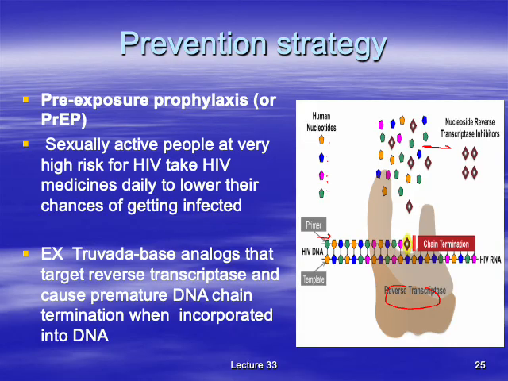It mixes in, the reverse transcriptase can't tell it apart, incorporates Truvada, these base analogs, in, and that's a dead end. It doesn't have a free end, and it stops extension of the new DNA by reverse transcriptase. And that can halt a person from getting infected and diseased.